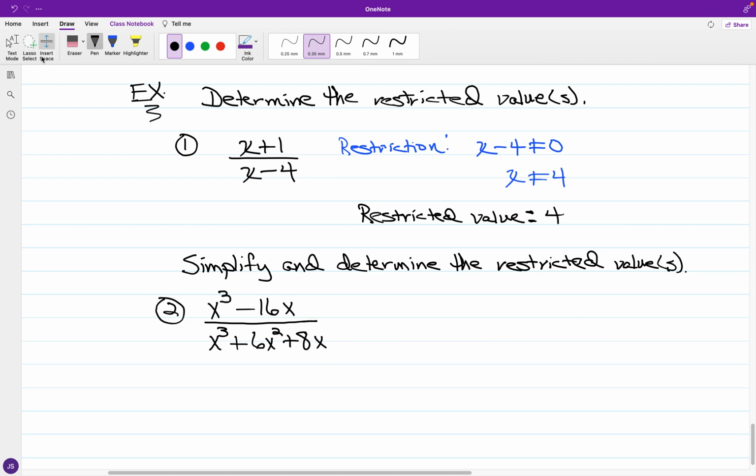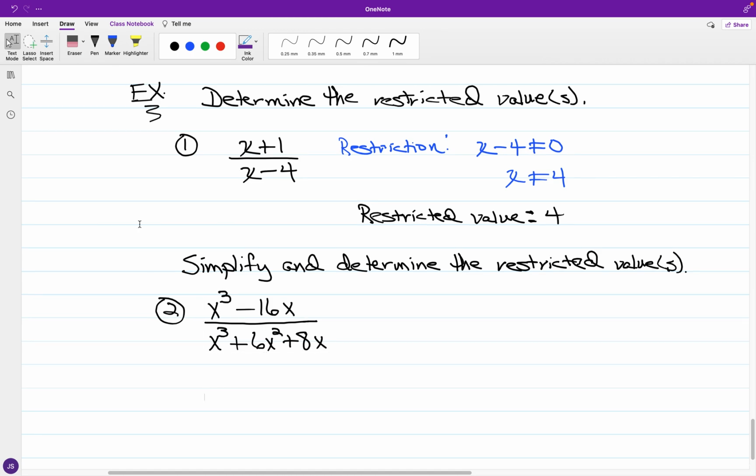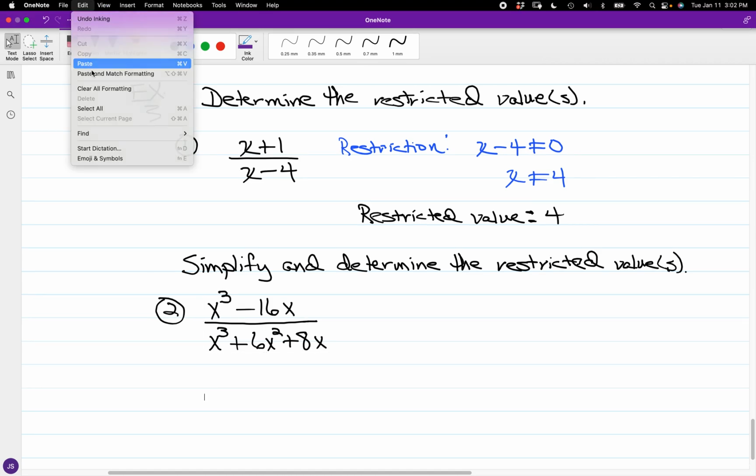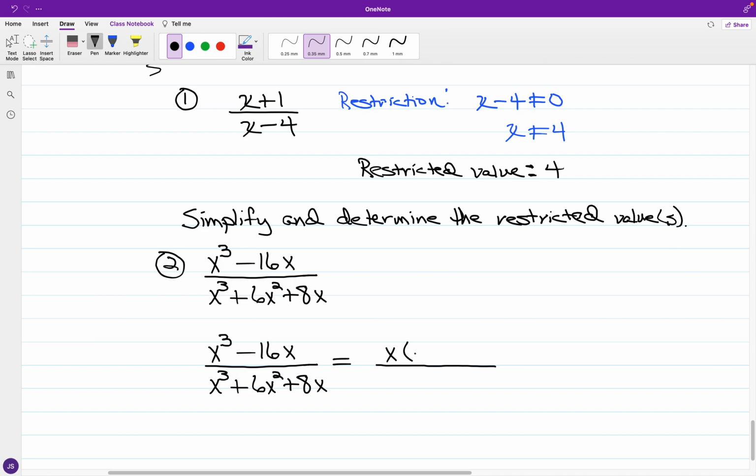Now if I'm looking at simplifying the ratio, x cubed minus 16x over x cubed plus 6x squared plus 8x, notice in the numerator we have x times the quantity x squared minus 16, and in the trinomial at the bottom we have x in common.